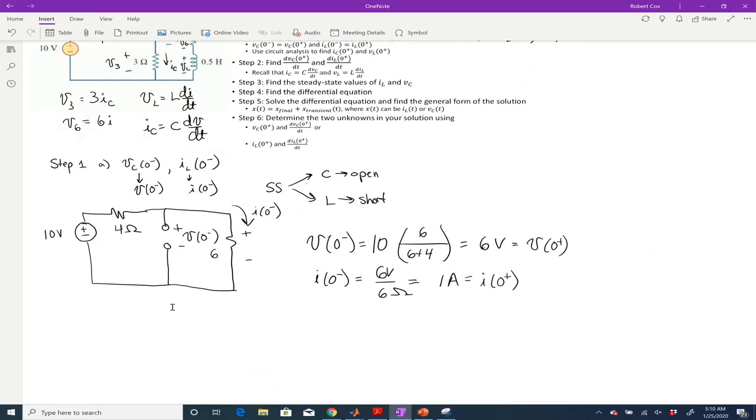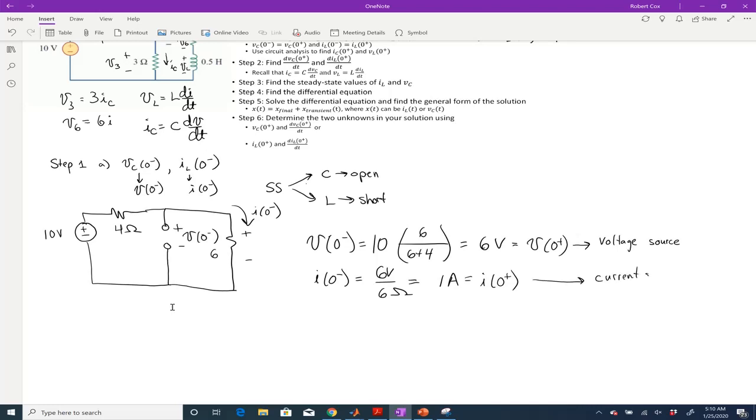Now the thing to remember is the capacitor voltage needs to be continuous from 0 minus to 0 plus. The inductor current needs to be continuous from 0 minus to 0 plus. So that means the capacitor acts like a voltage source, and the inductor acts like a current source.